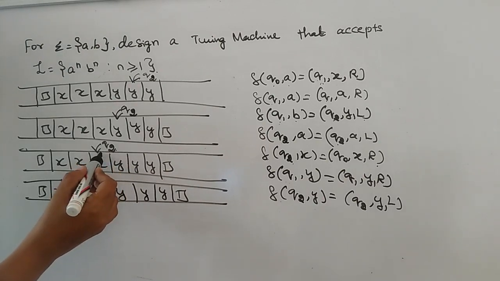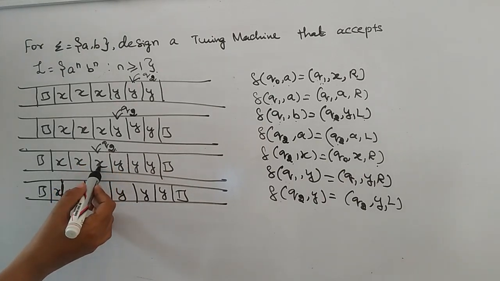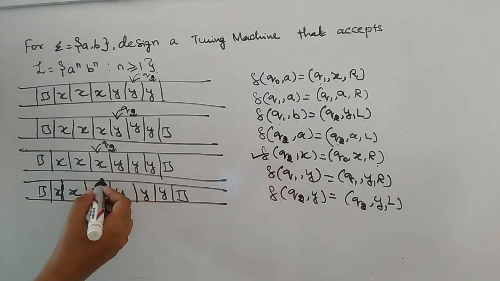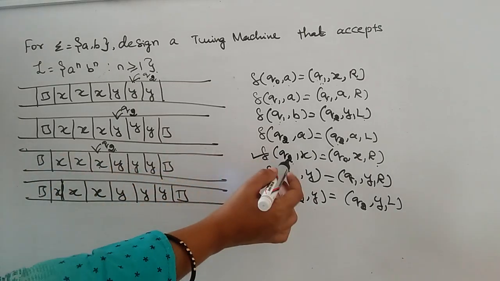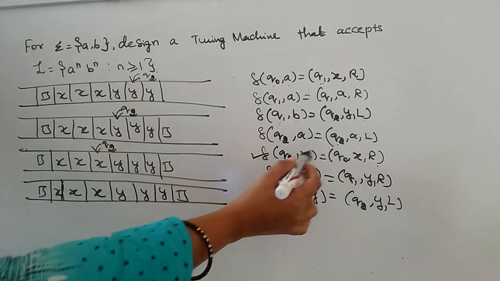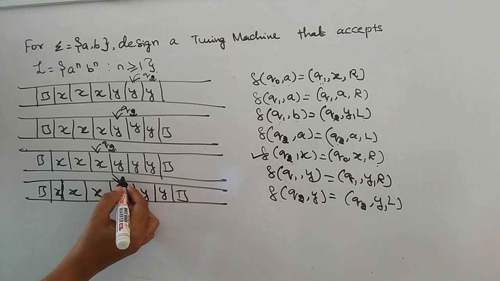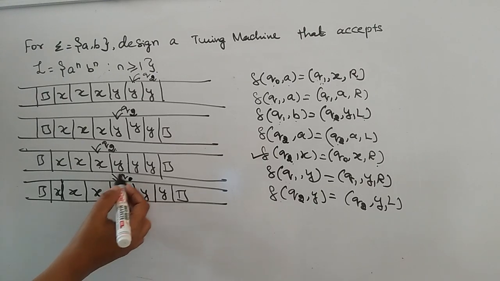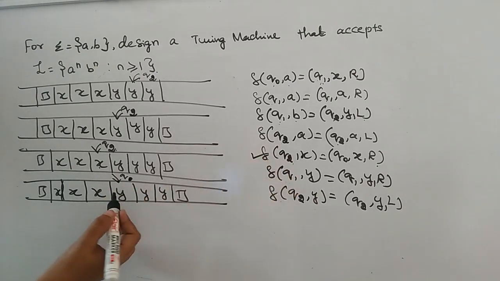Here the machine is in the state Q2 and it is pointing to the symbol X. You just refer to this one as per this transition. The machine will be shifted from the state Q2 to Q0, but there is no replacement, and the read write head is moved towards right. That's why I have written like this.